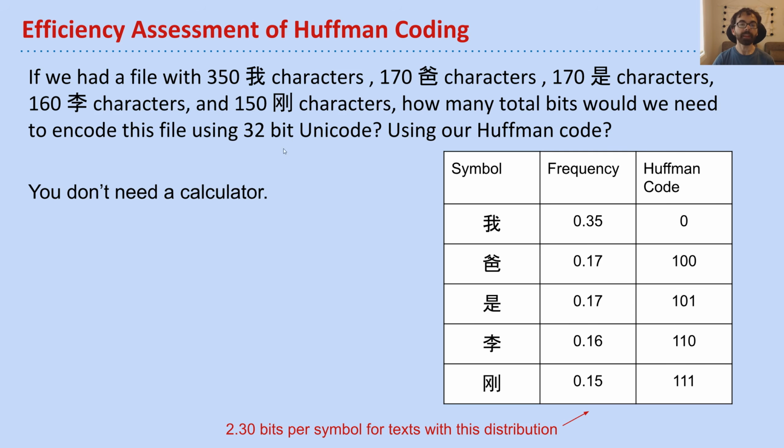So typically, we'd use 32-bit Unicode, so that each of these characters takes 32 bits to represent. Think about how many total bits we need to represent this file in 32-bit Unicode, and what it would take with our Huffman code. You don't need a calculator for this; this is just to make sure that we understand how Huffman coding helps us.